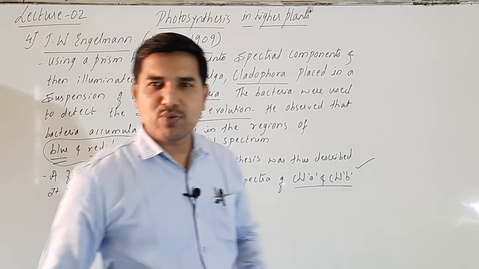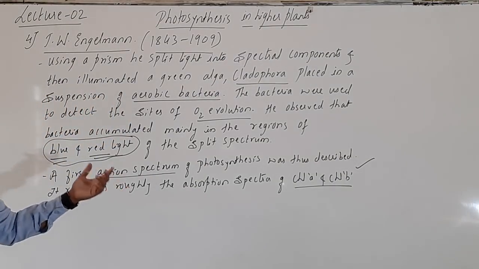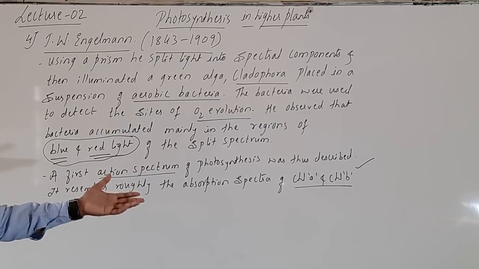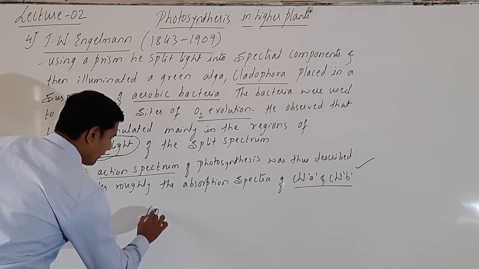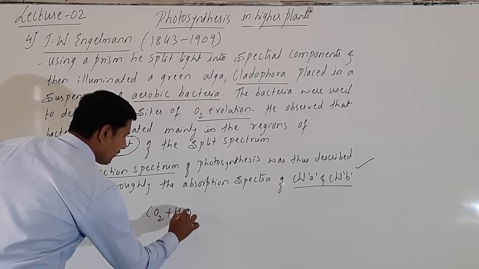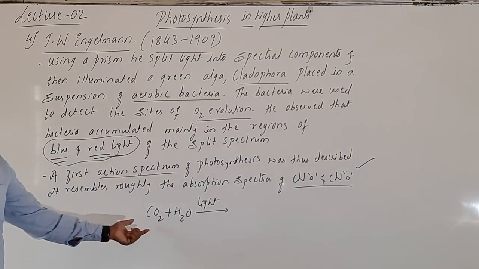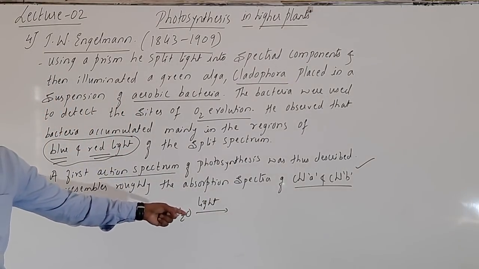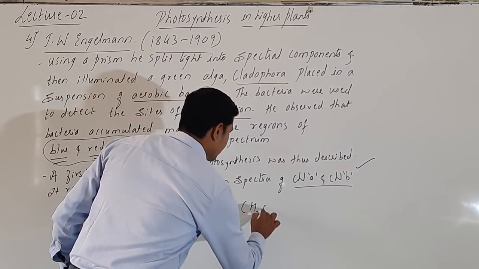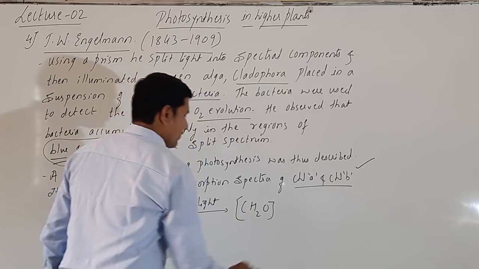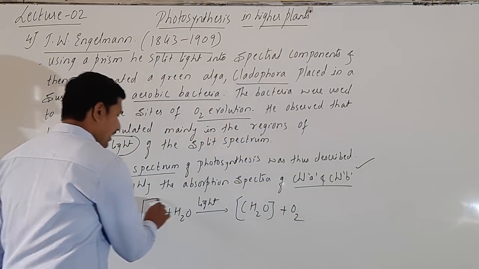So finally an equation was given, which we call the empirical formula, and it can be written in the form CO2 plus H2O, carbon dioxide and water, in presence of light, produces carbohydrates plus oxygen. So this was the empirical formula.